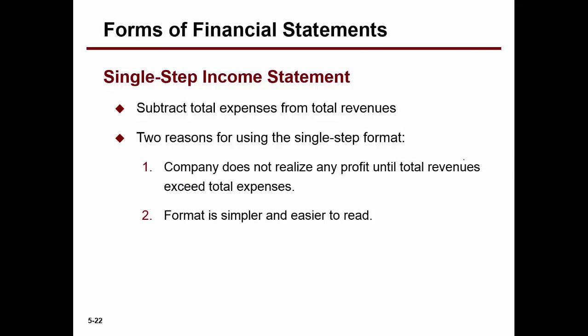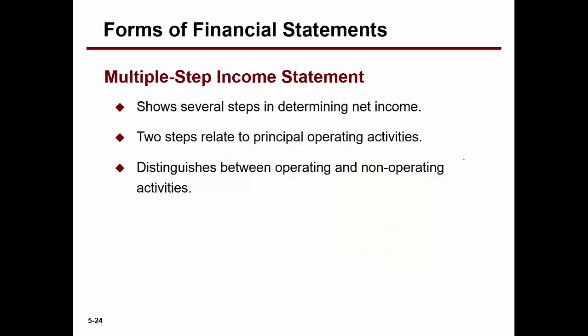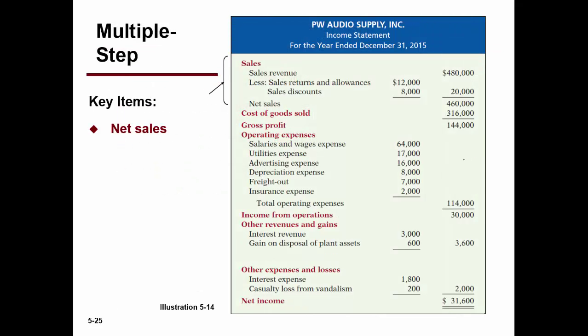Two versions of the income statement: single step and multiple step. Whether you knew it or not, you already know the multiple step. Multiple step is what? We have our sales less our returns less our discounts, which gives us net sales. Net sales minus cost of goods sold gives us gross profit.